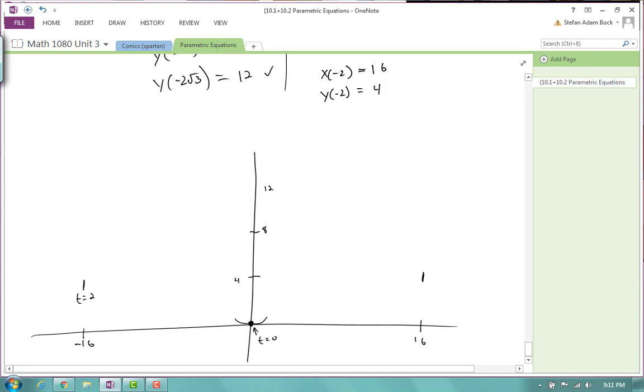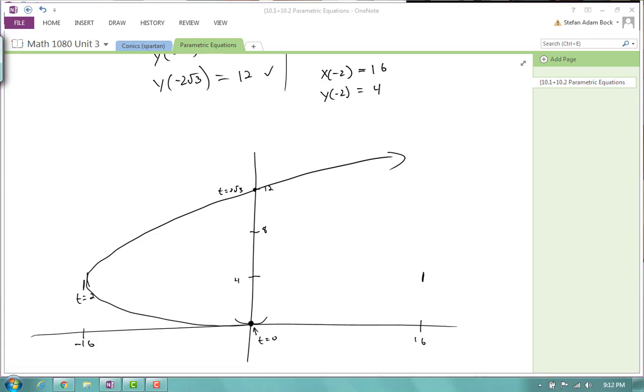Let me put that somewhere else. Which suggests that my picture is going to go something like this. And I'm moving in a forward direction here because my t values are increasing. But I also have a vertical tangent at t equal to negative 2 over here.